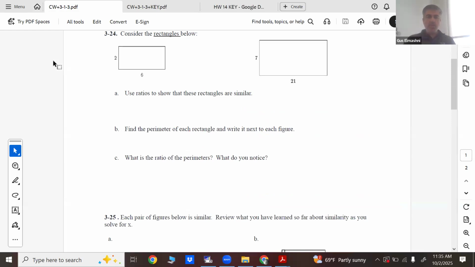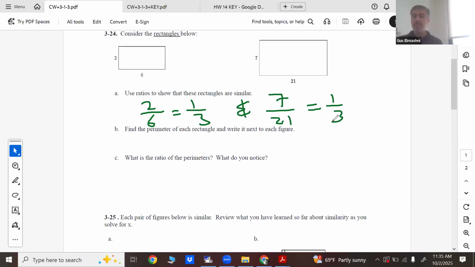What do you notice? Just to get things started, 2/6 is 1/3, and 7/21 is also 1/3.